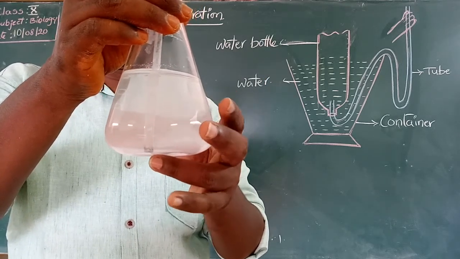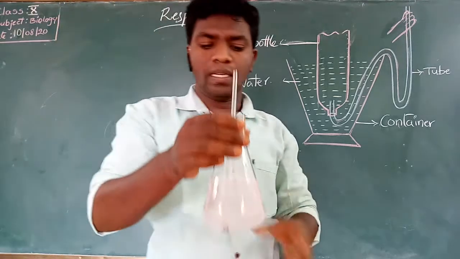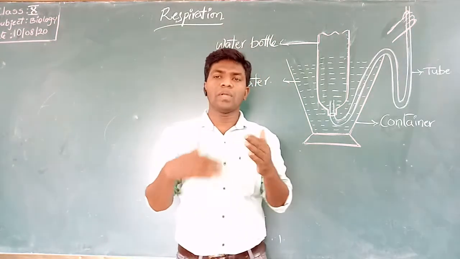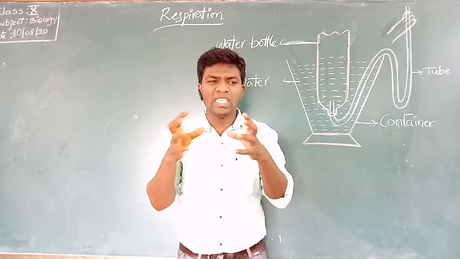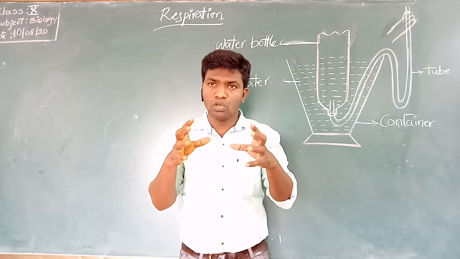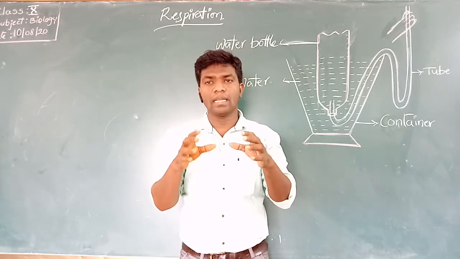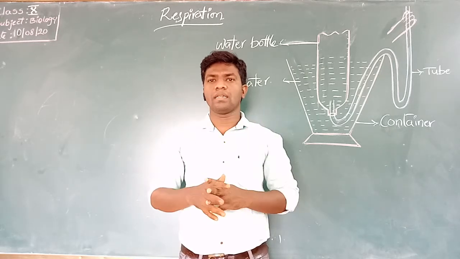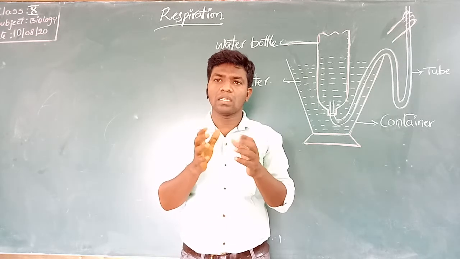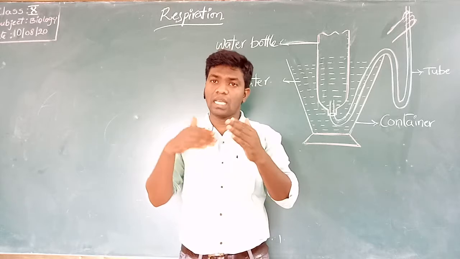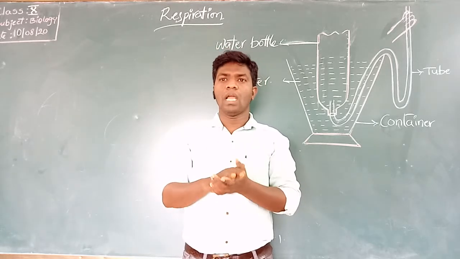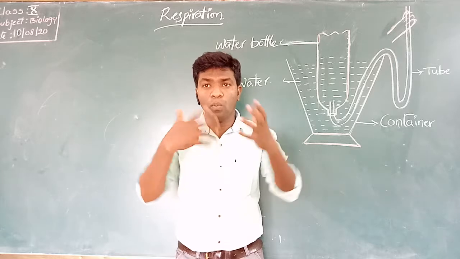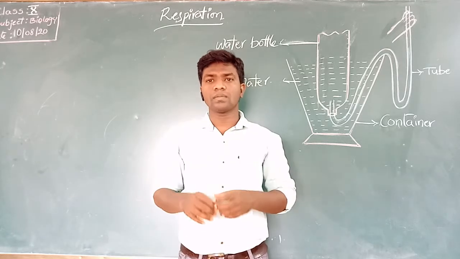So what is the learning from this activity? From this experiment, we notice that phenolphthalein is an acid and base indicator. The solution turns pink since the lime water is a base, and it changes into colorless when we blow the air into it.